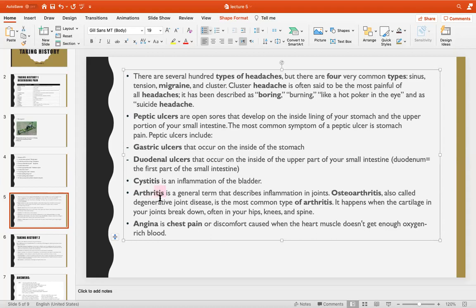So arthritis means inflammation of the joint. Osteoarthritis, also called degenerative joint disease, is the most common type of arthritis. It happens when the cartilage in your joint breaks down, often in the hips, knees, or the spine.